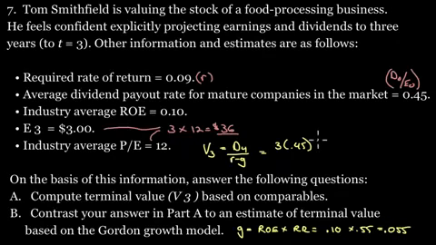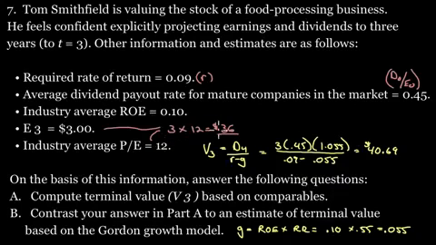Now we have a G. Multiply this by 1.055, and then it is our R, 0.09 minus 0.055, and that will give us 40.69. So using the Gordon growth model, we get to 40.69.